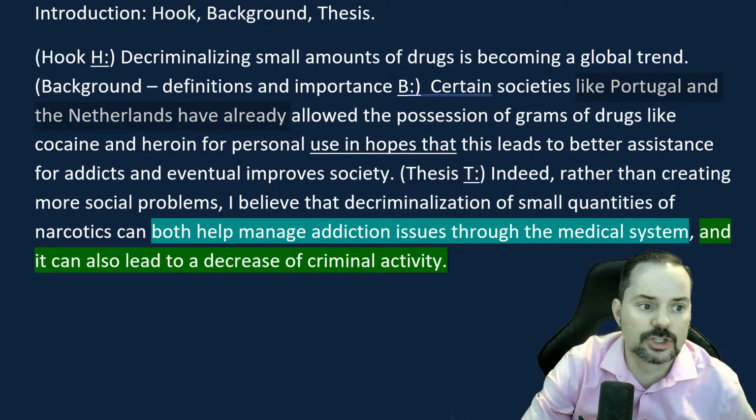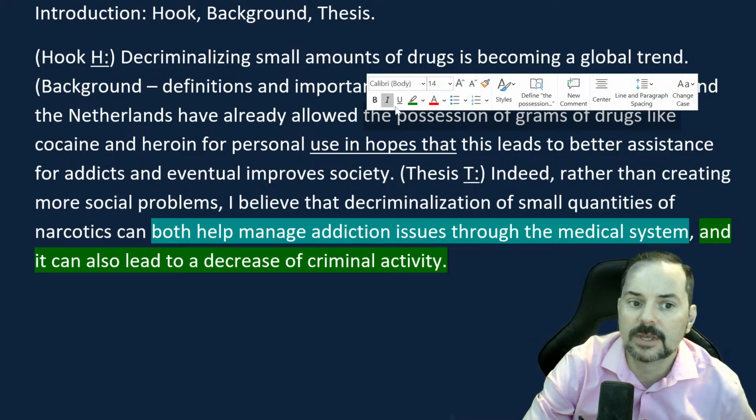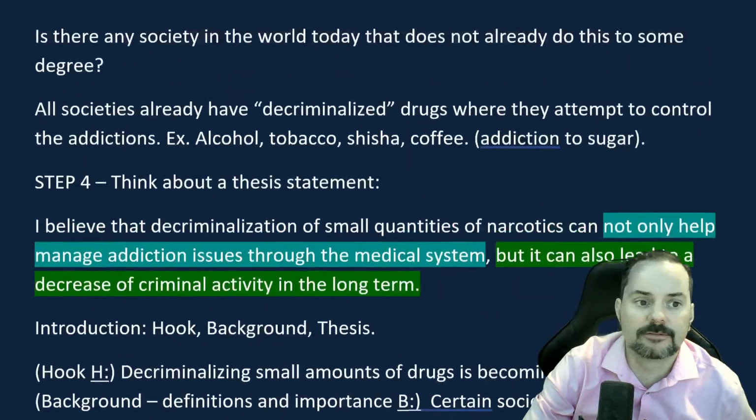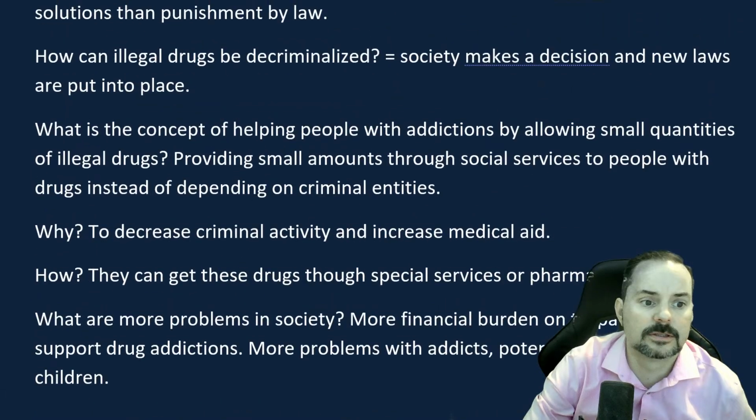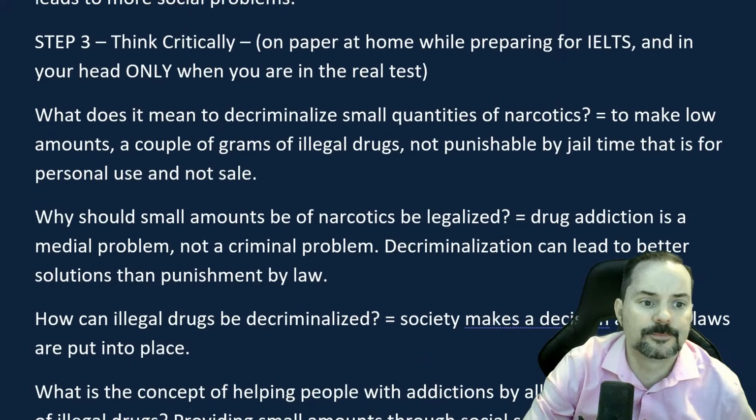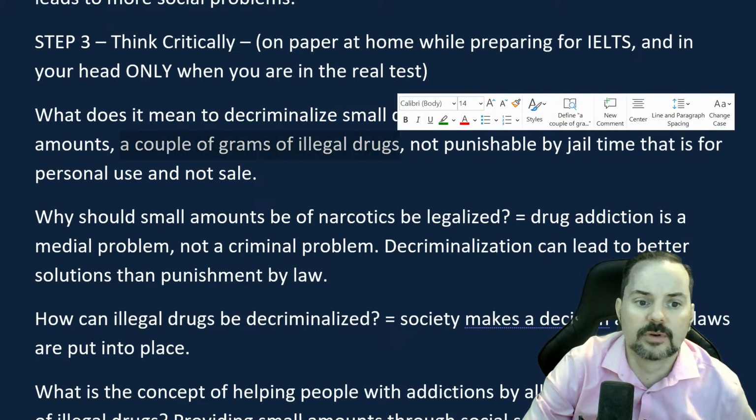I mentioned Portugal and Netherlands, but I'm more direct to the question. Possession of grams of drugs. This is the key part here, okay? Because this is the definition from here. Okay, so a couple of grams of illegal drugs.